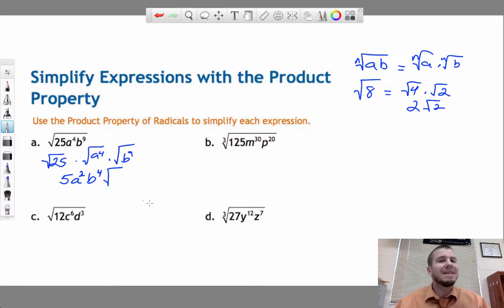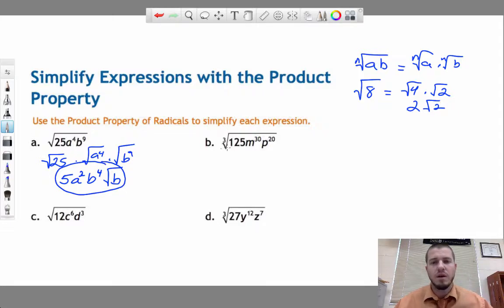So you have something left inside the radical, and it's going to be b to the 1st, because 2 goes into 9 four times, that's 8, and the remainder is going to be left on the inside. So it's 5a squared b to the 4th times the square root of b as my simplified form.